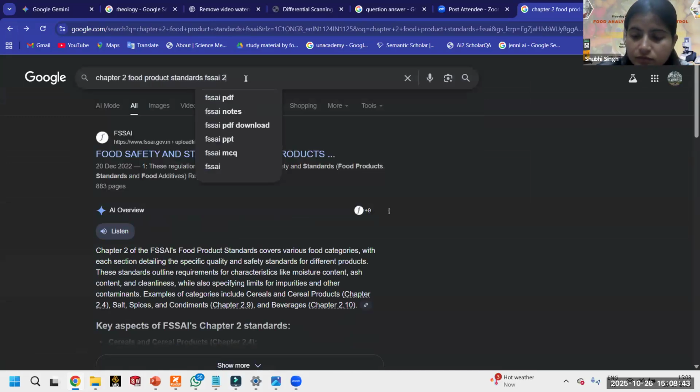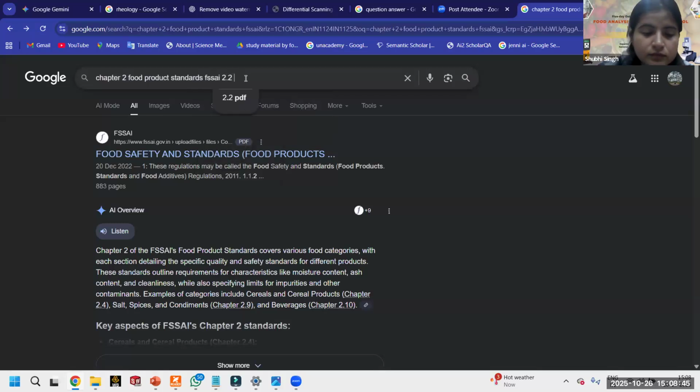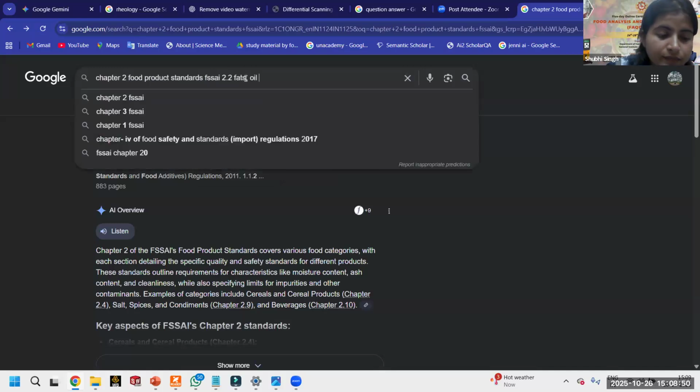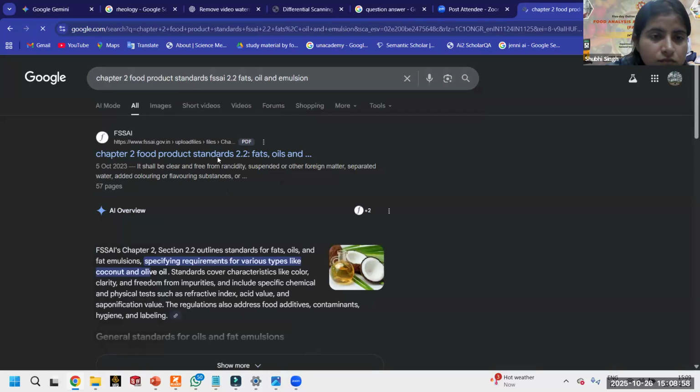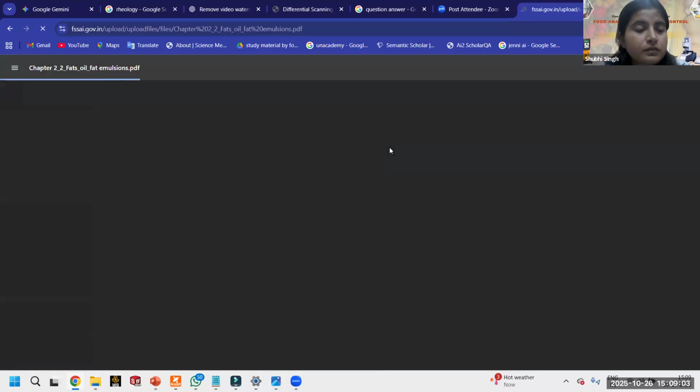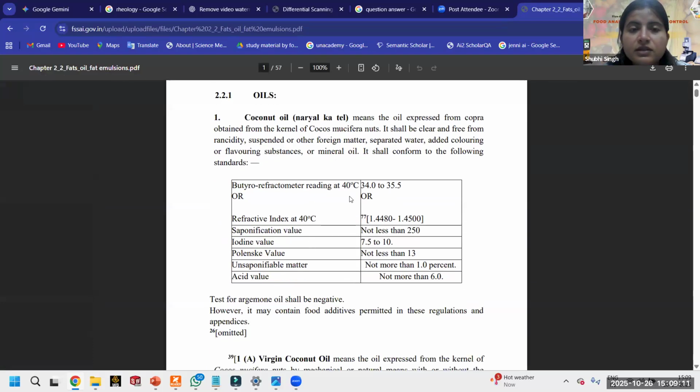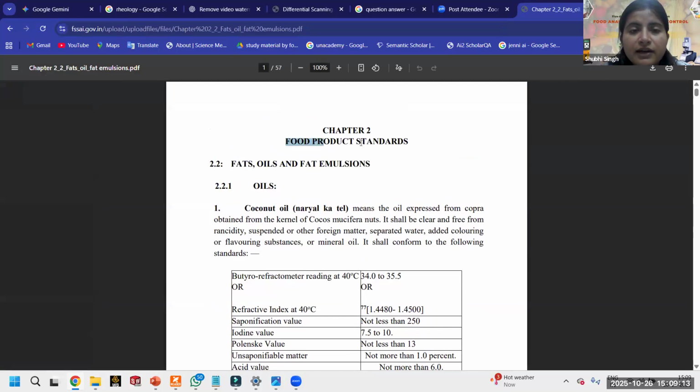2.2, Fats, oil, and emulsion. Yeah, this is the chapter where they have provided the standards for different oils, different fats, coconut oil.